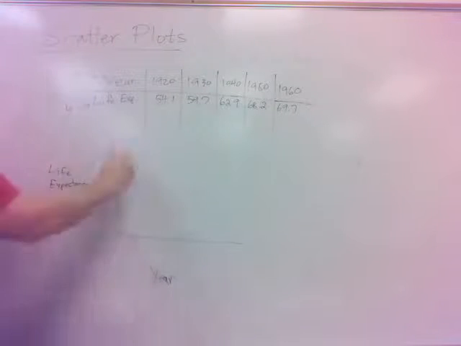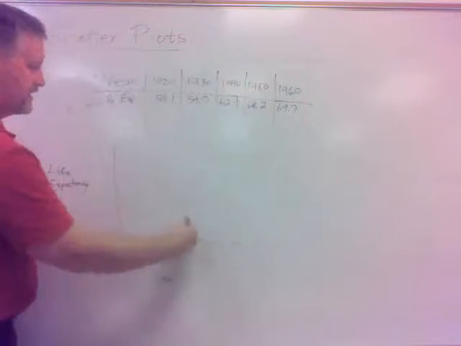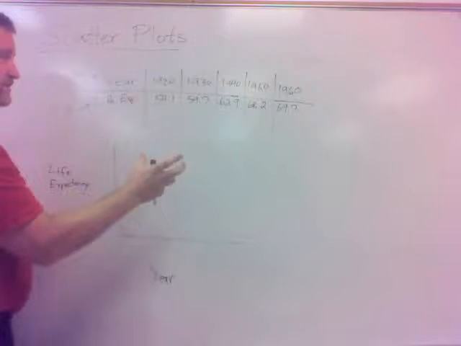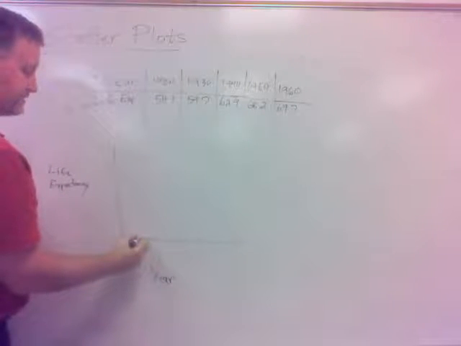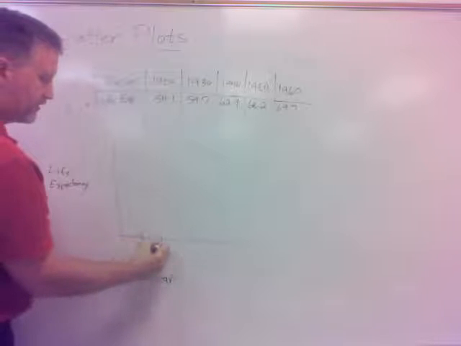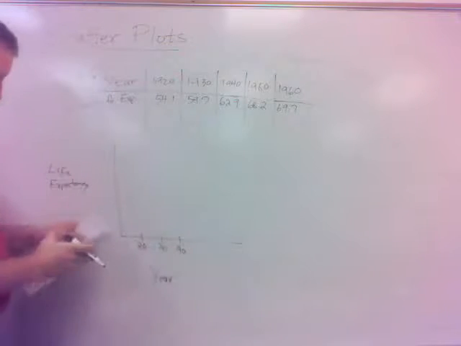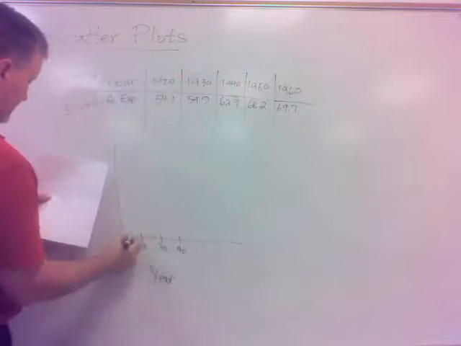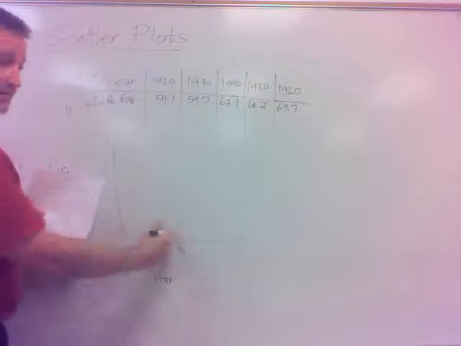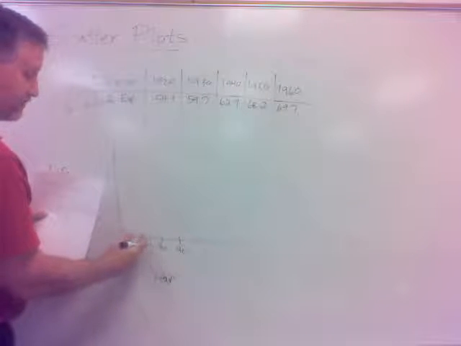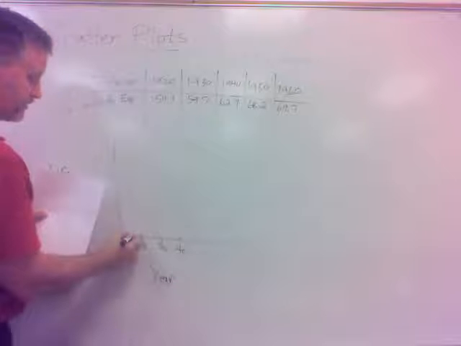Now the other thing is, you can put 1920, 1930, but to save some space, let's just shorten it. Let's say 20, 30, 40, and matter of fact, on the table there, you may not even want to put a mark or a label on each one.